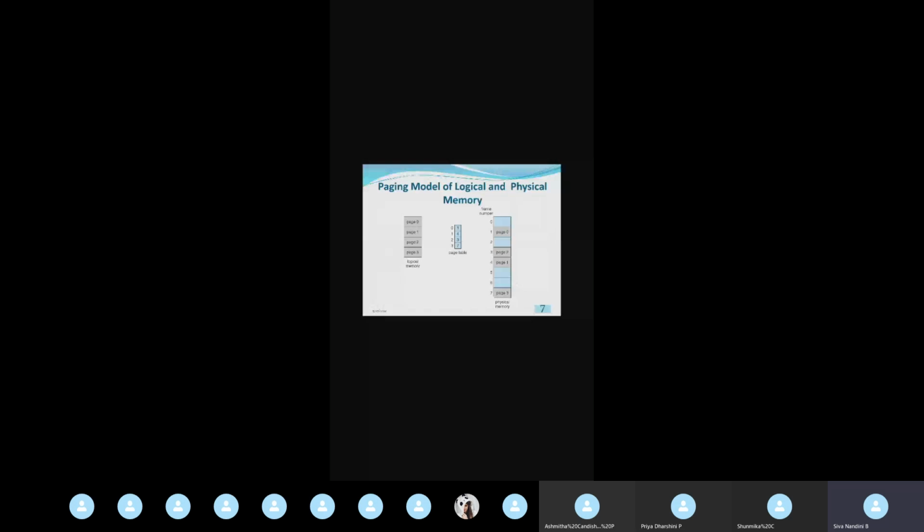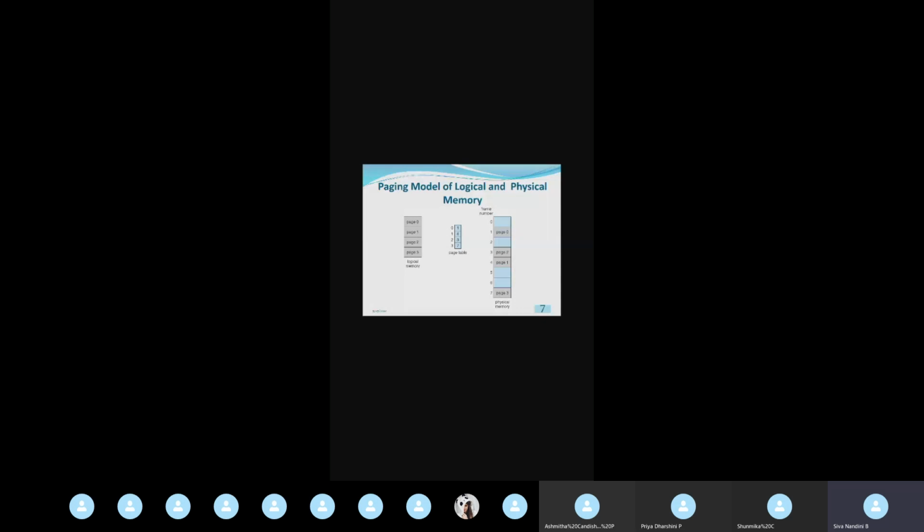See, the logical memory, which is provided on the left side, will be divided into pages. Here in this logical memory, we are having these pages, and frames and all is nothing but a division of memory. The whole physical memory or the whole logical memory is divided into fixed size. In physical memory, the fixed size partition is named as frame.